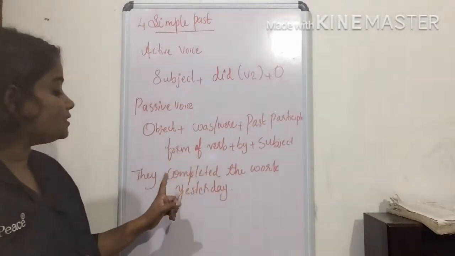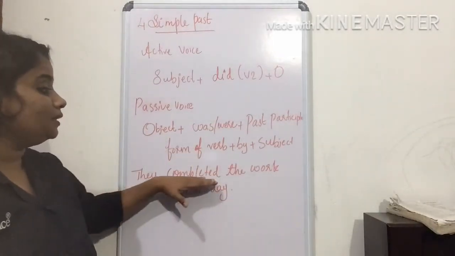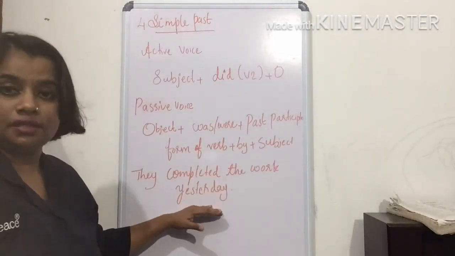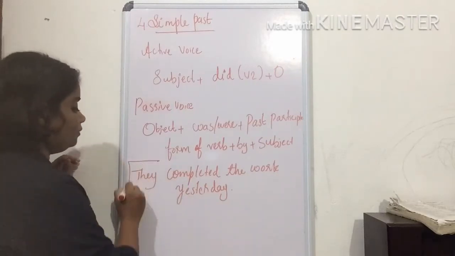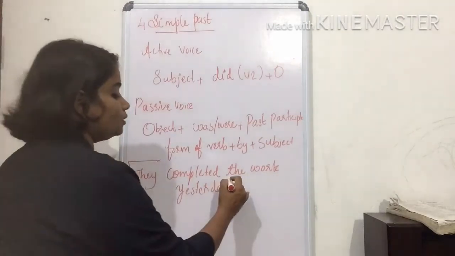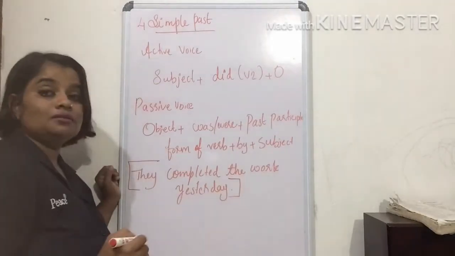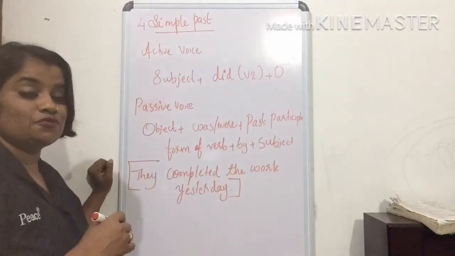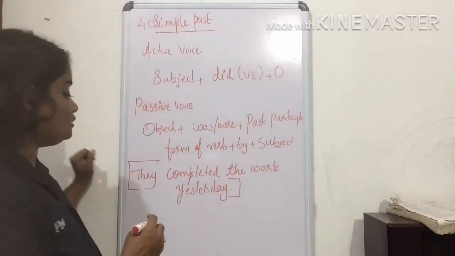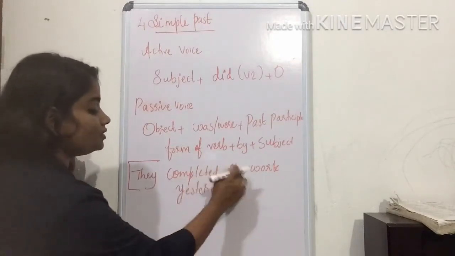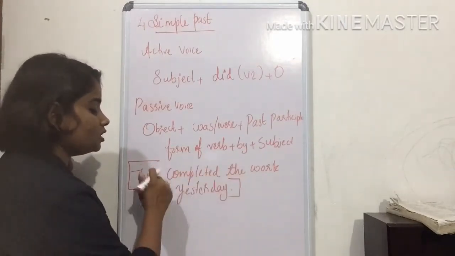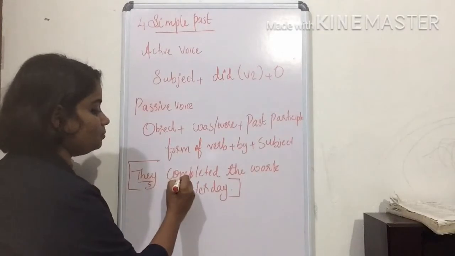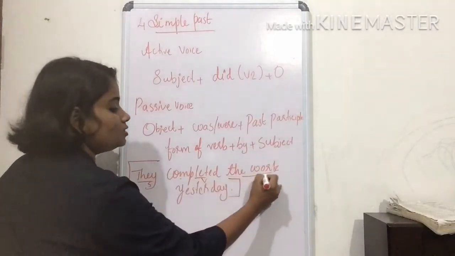Okay, look at the example over here. They completed the work yesterday. Then let us try to transform or convert it to passive voice. In this statement, they is the subject, completed is the verb, and the work is the object.